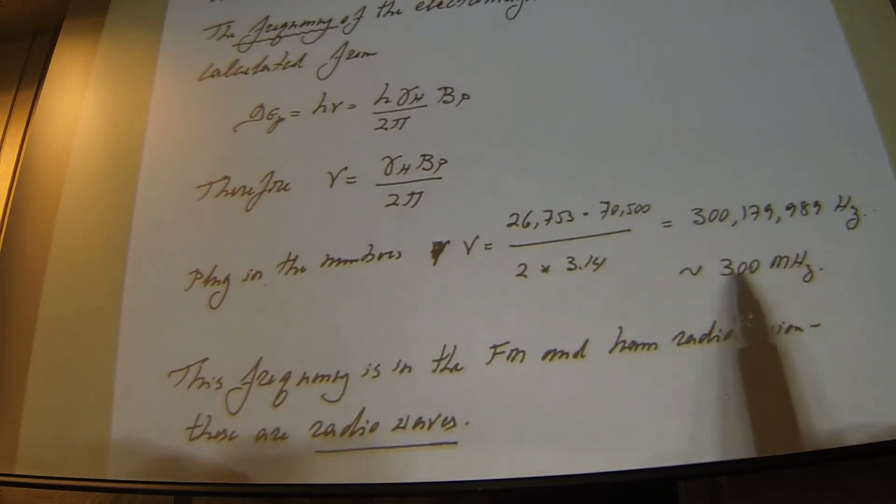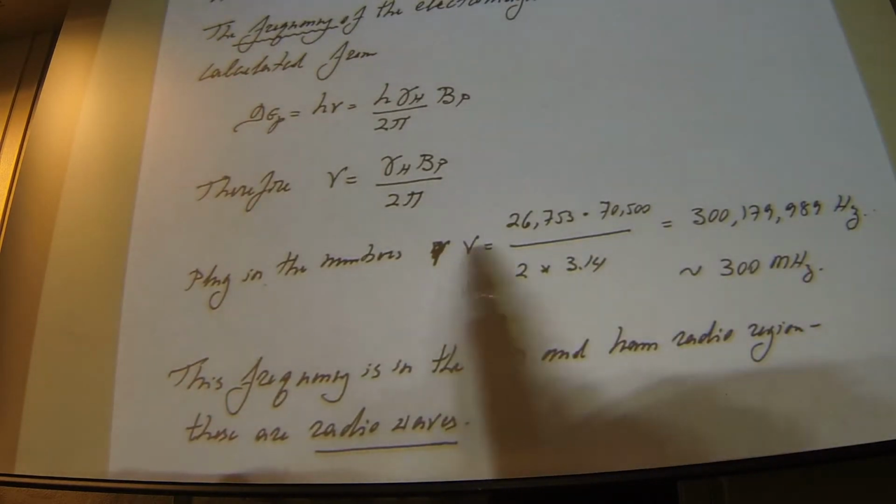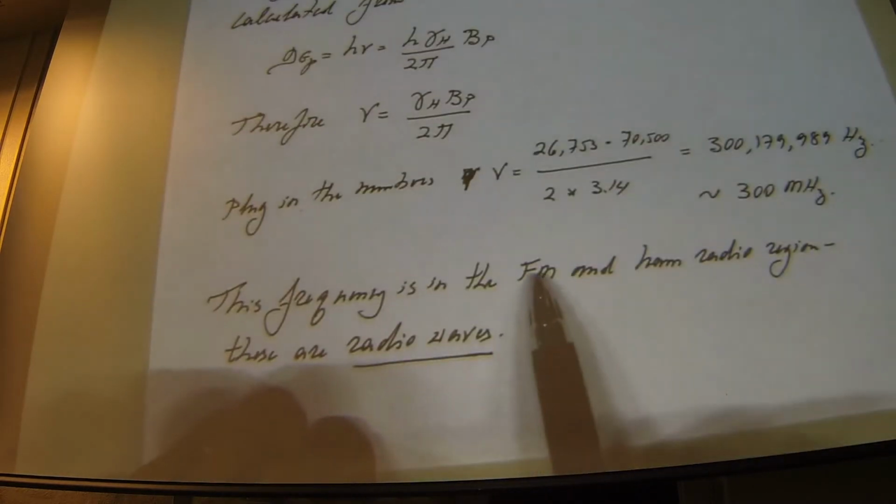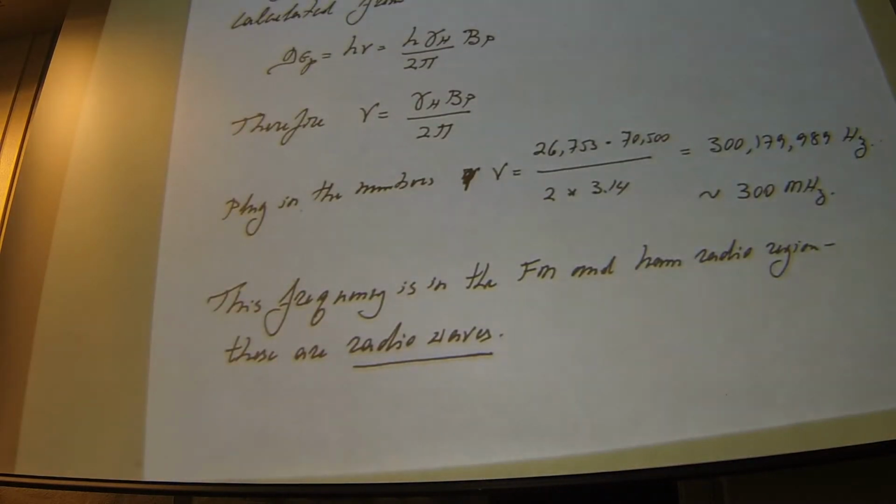Now, as it turns out, this frequency is in the FM and ham radio signal range. So what you have, I said an RF coil, what you have is a little radio transmitter, okay? And so you're absorbing energy that's in the radio waves region of the spectrum.